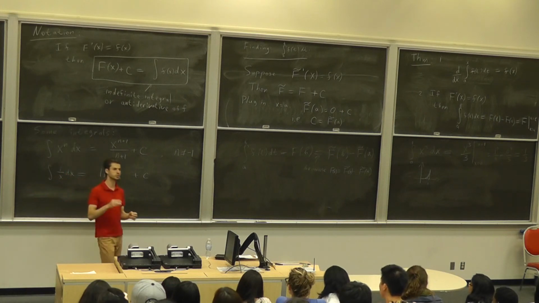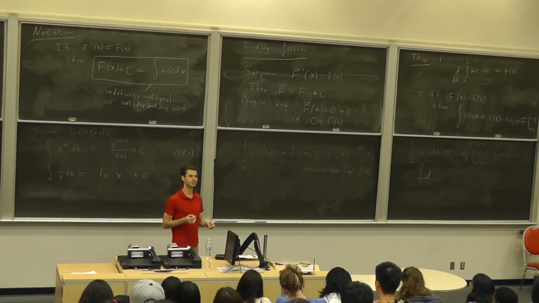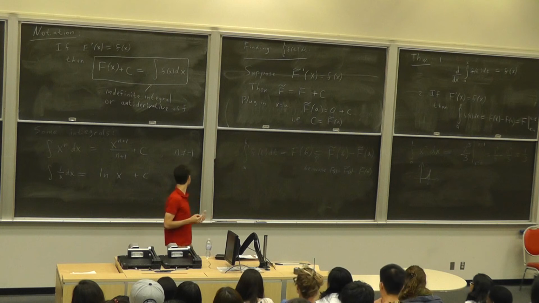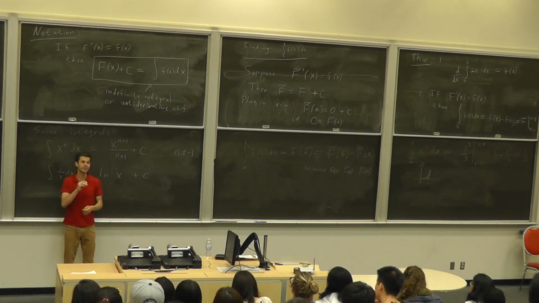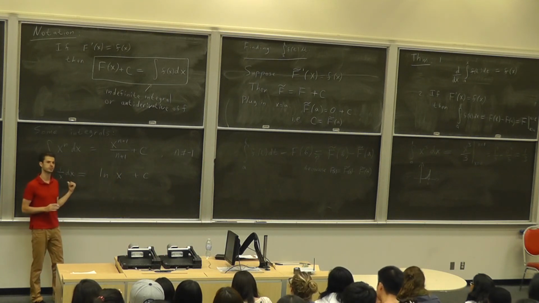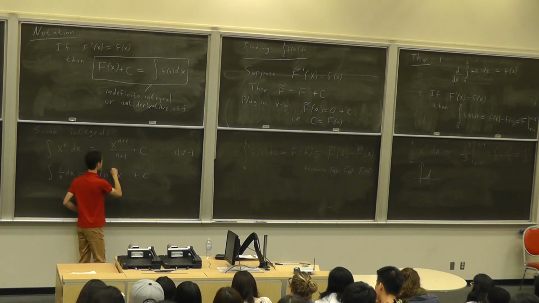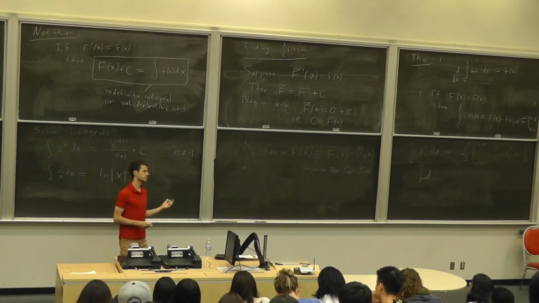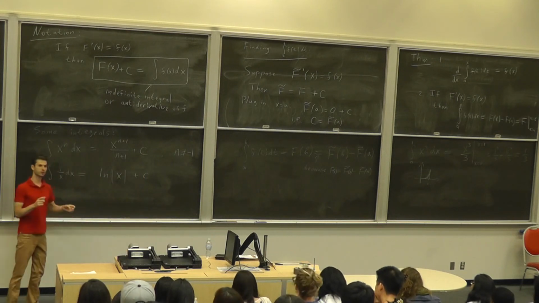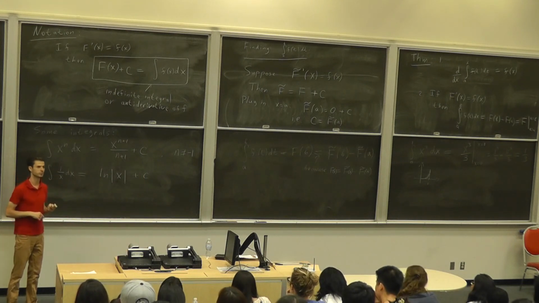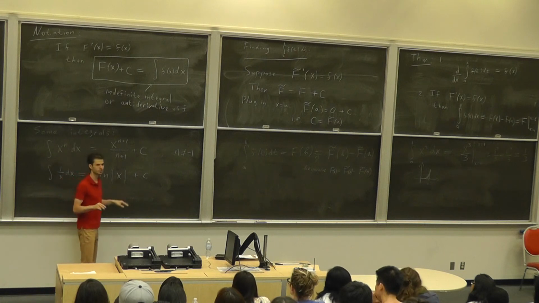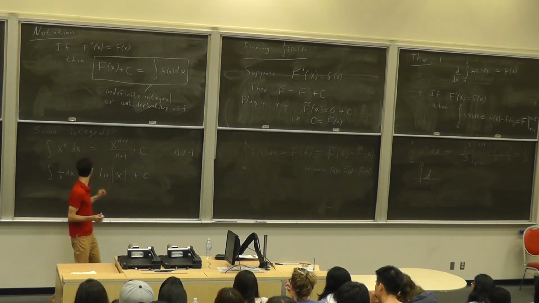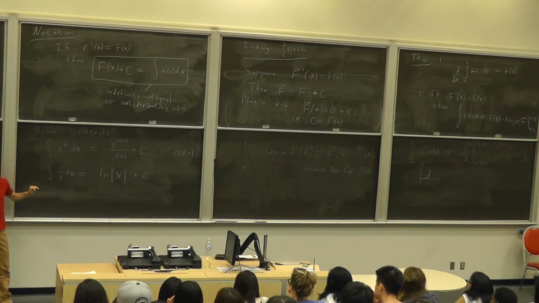It's only defined for positive values of x. For negative values of x, you can check that logarithm of negative x has exactly the same derivative. So overall, we write logarithm of absolute value of x. It has derivative which is 1 over x for both positive x and negative x. Unfortunately, it doesn't work at x equal to 0, but this function is not defined at x equal to 0 anyway.